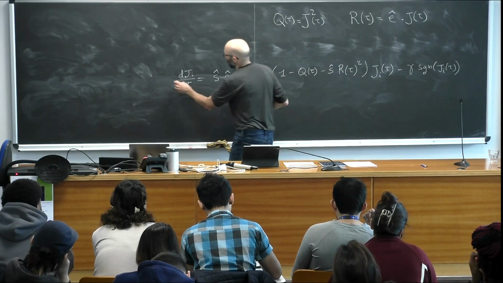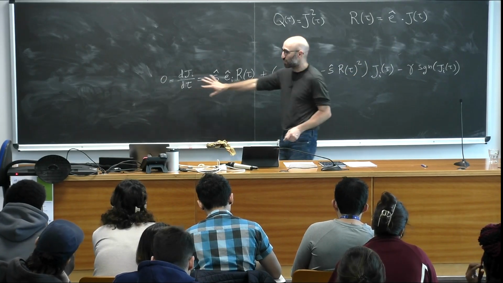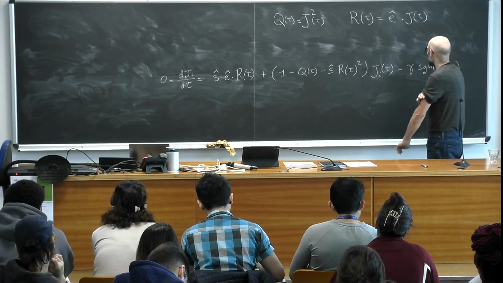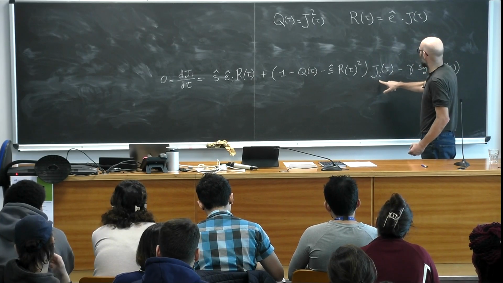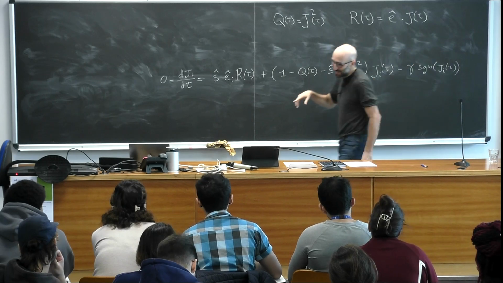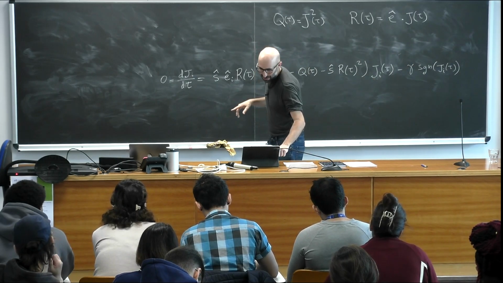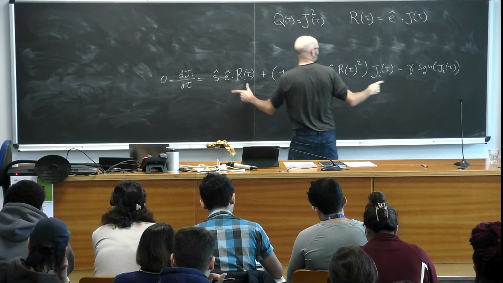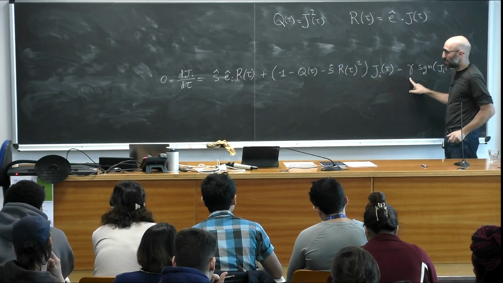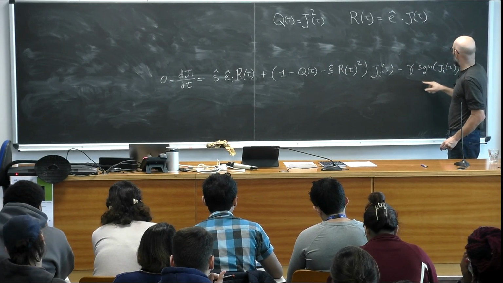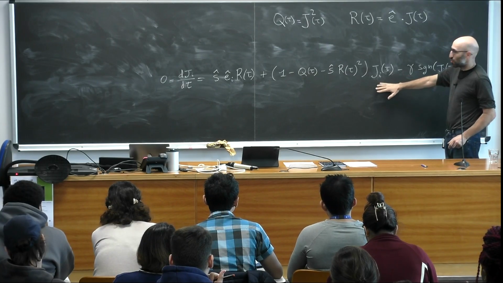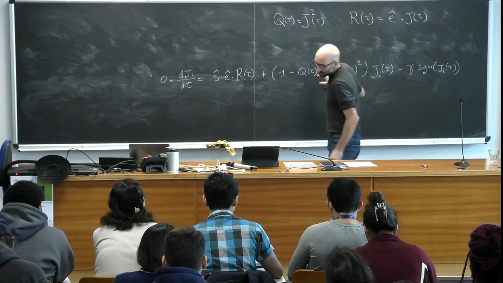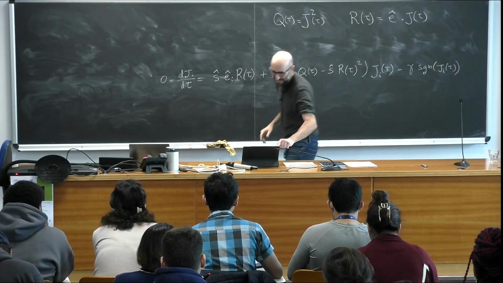If I look for a stationary solution, so I put the derivative to 0, and I look for a fixed point, if this is positive, what do I get? If this number is smaller than gamma in absolute value, then the only solution is j equal to 0.